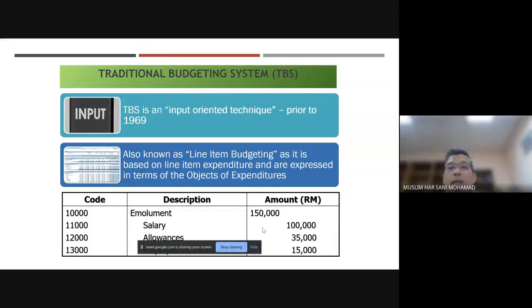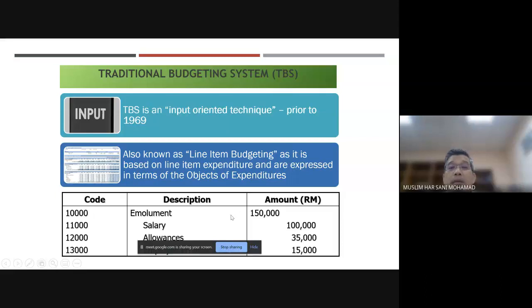Okay, let me help you. 150,000 is the budget allocation at the beginning of the period. It enters into the GL once they start payment. Based on the transactions, in this case emolument salary, once they start paying, it becomes the GL amount.